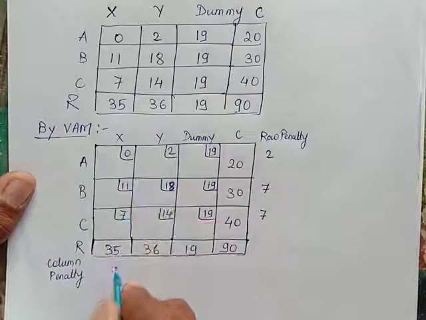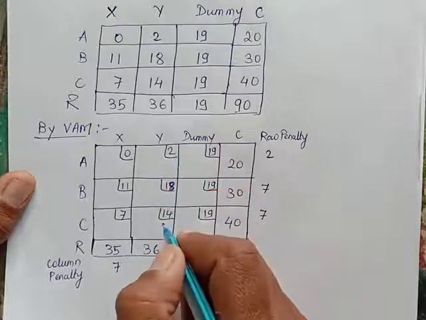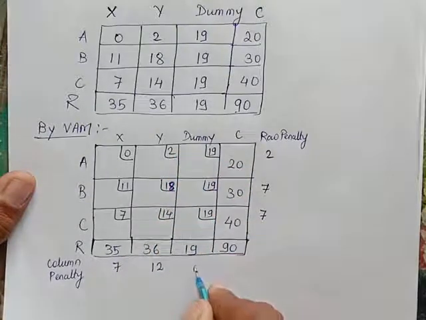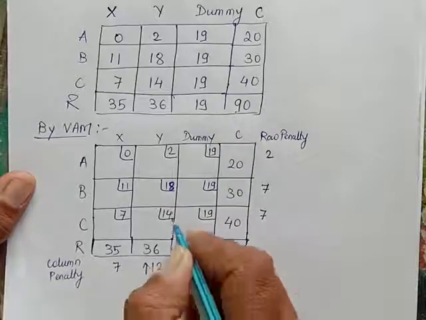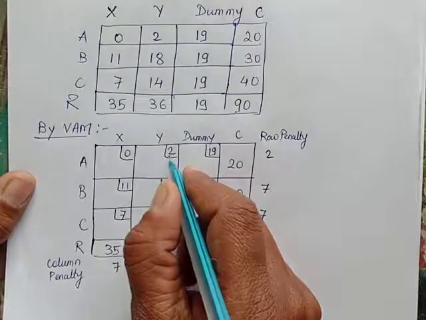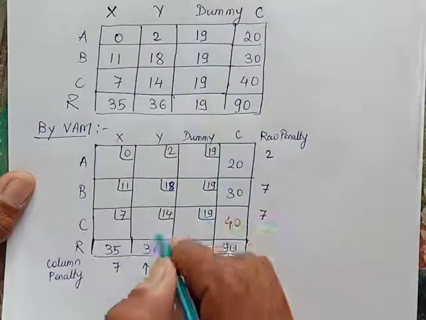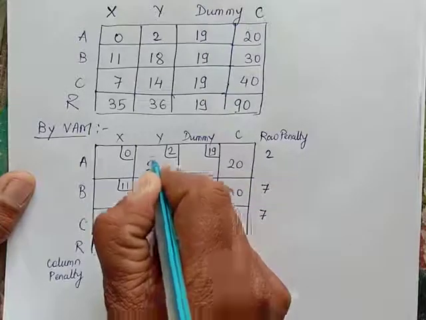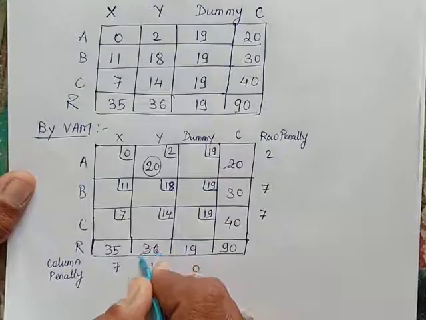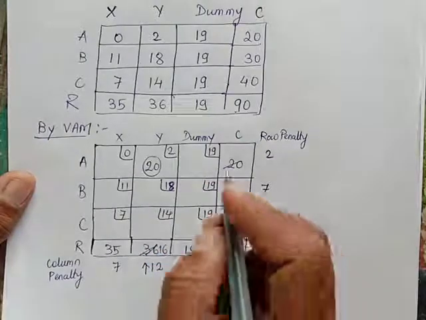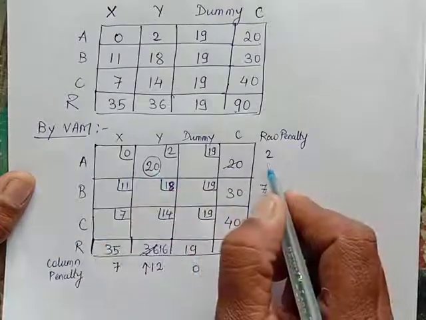What about this? 7, this one 12, this is 0. So this 12 is the maximum and here 2 is the least cost. So minimum of 20 and 36. So here the allocation is 20. So this gets cancelled. Here 16 are left. Okay. So now this row is satisfied.